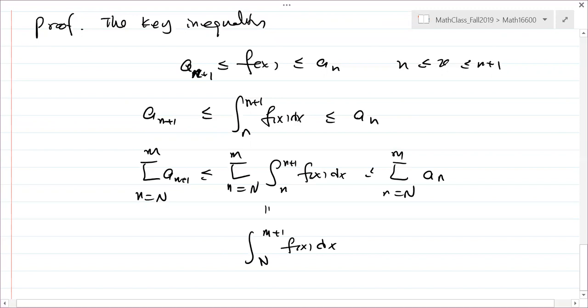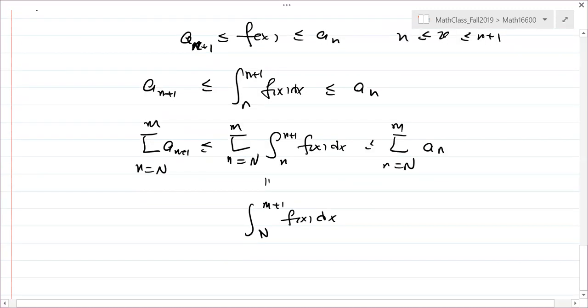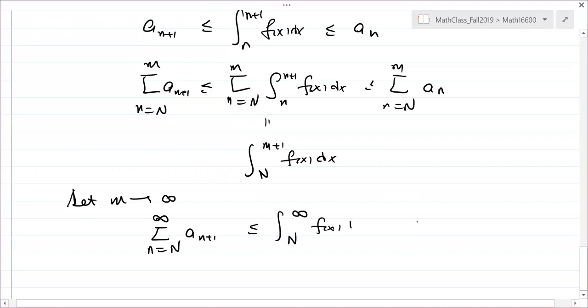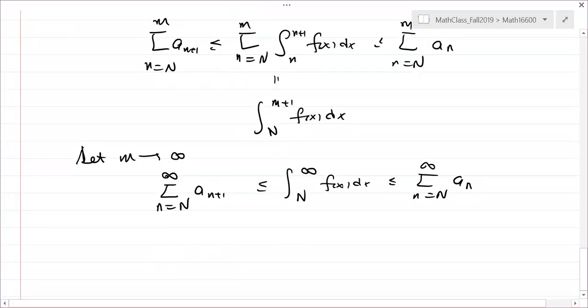Then after you pass the limit, you get the above estimate. So you can let n go to infinity, and then you get the result you want. Whenever one of them is convergent, the other one is convergent.